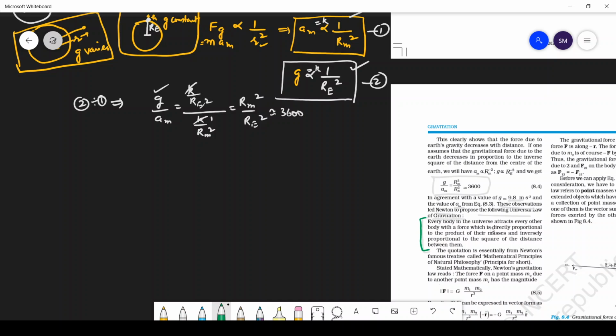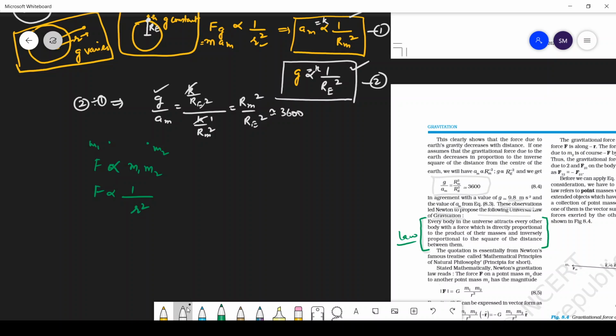Every body in the universe attracts every other body with a force which is directly proportional to the product of their masses and inversely proportional to the square of the distance between them.